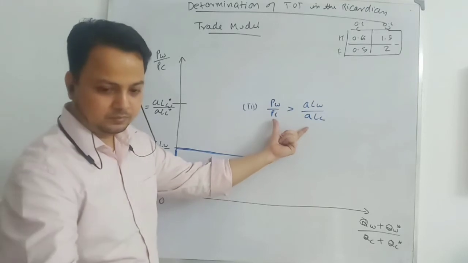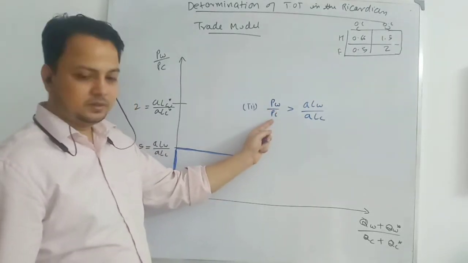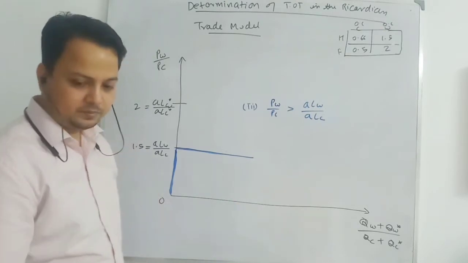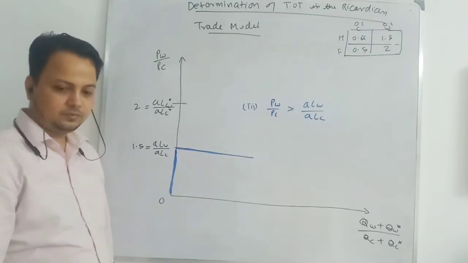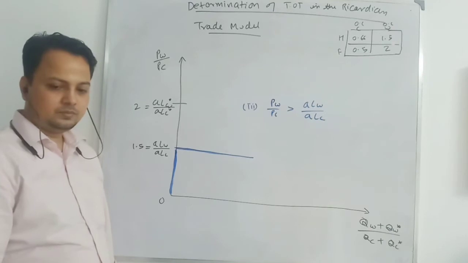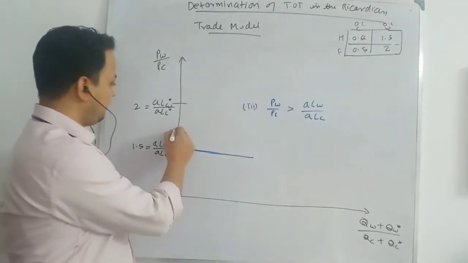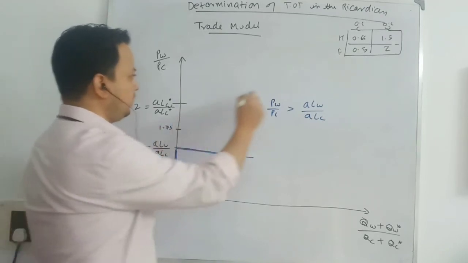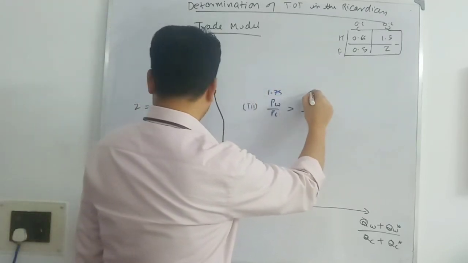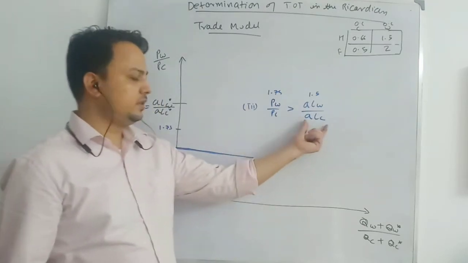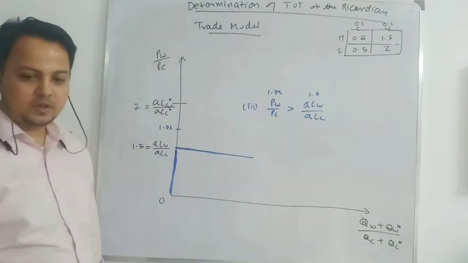The relative price of wine is greater than the opportunity cost of producing wine. Then what will happen in the home country? So it is 1.75. This is 1.75 and this is 1.5 you have. This is constant, right? In the home country what will happen?